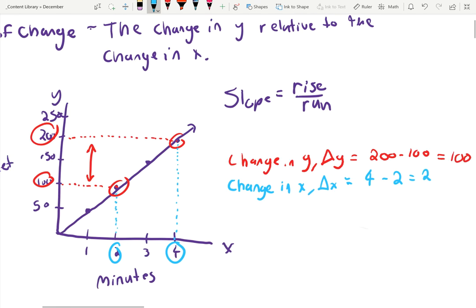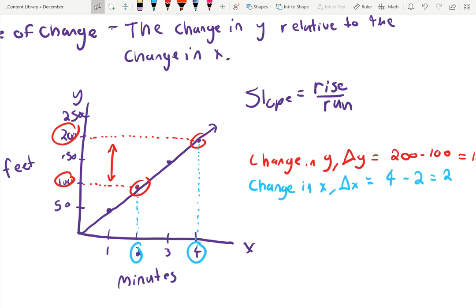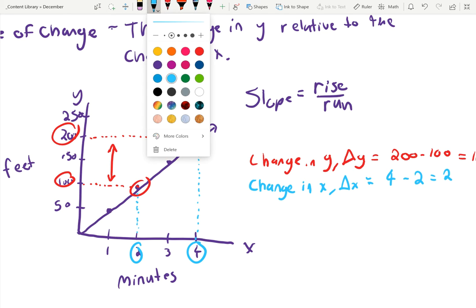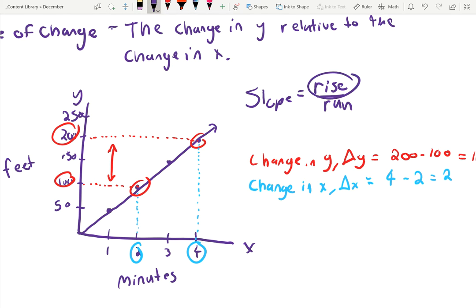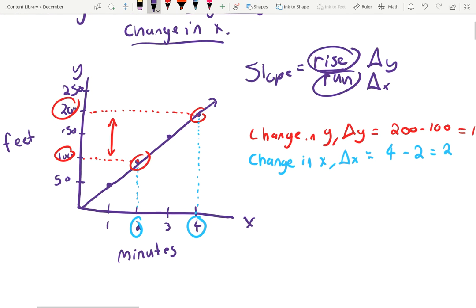So, in a sense, the reason why slope is referred to as rise over run is because rise represents the change in y, delta y, and run represents the change in x, delta x. So change in y over change in x, or change in y relative to the change in x.